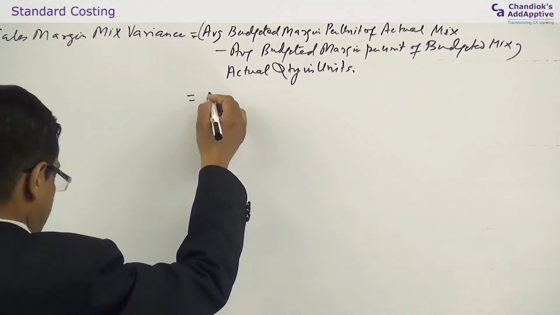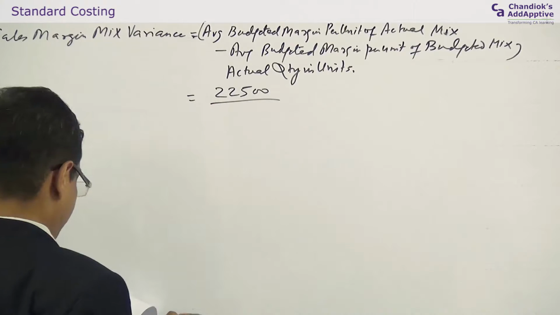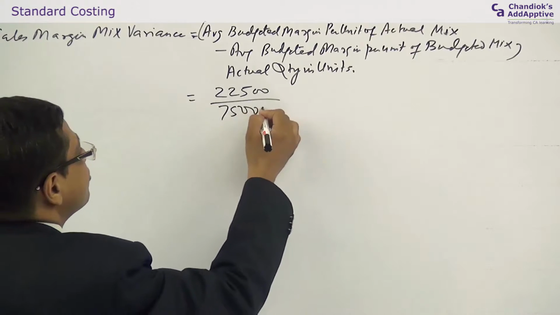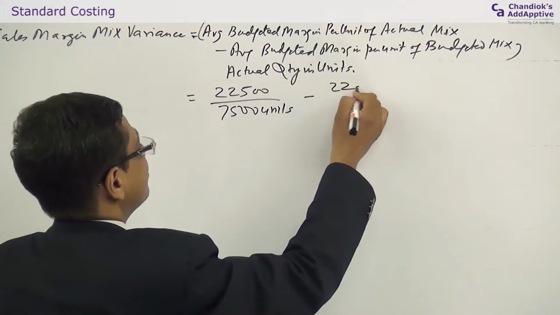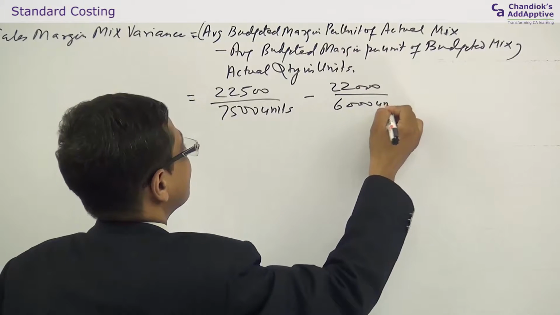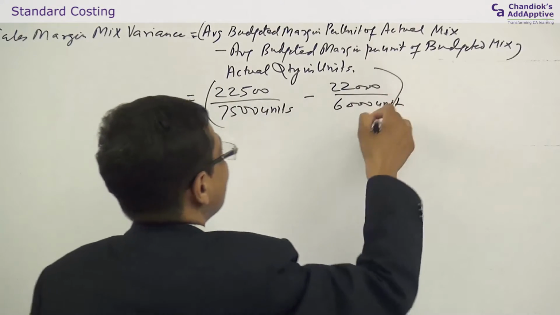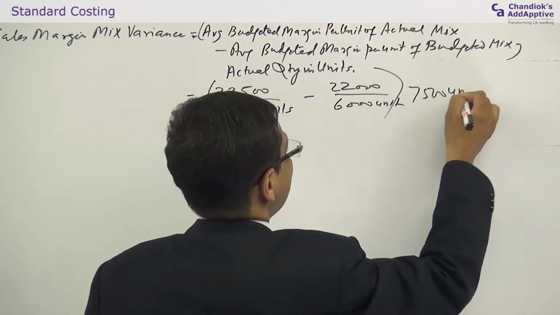So, let us do it. Find the average. So, in the chart, if you divide this thing with corresponding units, you get the average. If you divide 22,000 by 6,000 units, the average comes, and this figure has to be multiplied with 7,500 units.